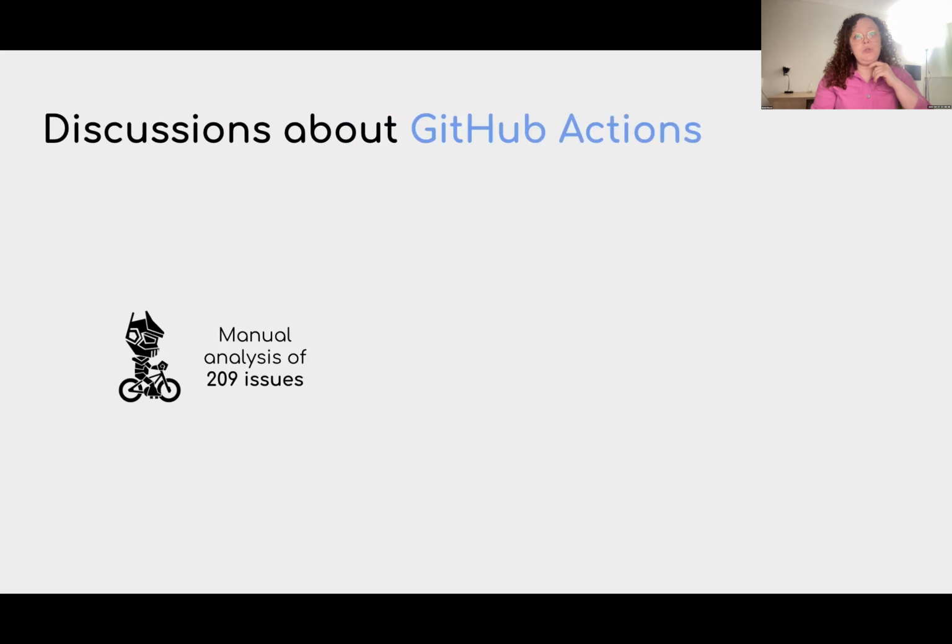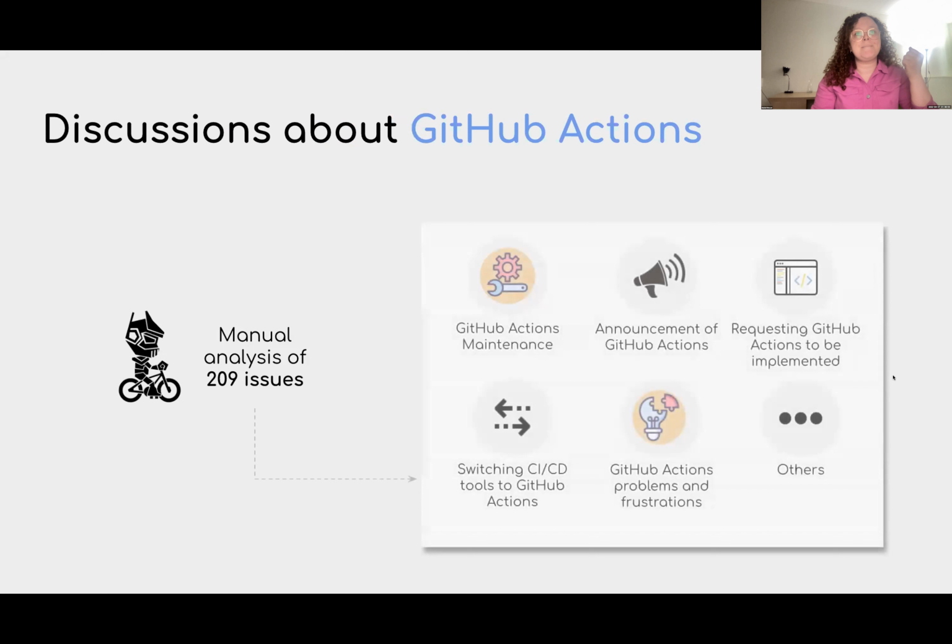I also looked at how developers are discussing these actions and what they are saying about them. Basically, developers discuss the maintenance of these actions and also the implementation. For them, it's really important how it is maintained, because it's a new dependency, right?